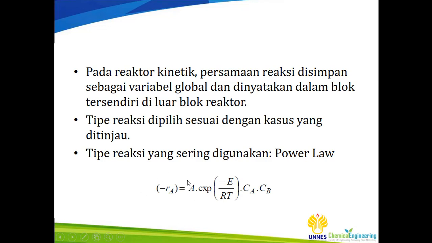This one is the reaction rate of a component. So that's why in here you can specify the information maybe not minus RA, but it can also be minus RB or RC. If C is the product, then you won't see any minus sign in here. So minus RA, minus RB, and RC, if the reaction is A plus B becomes C.